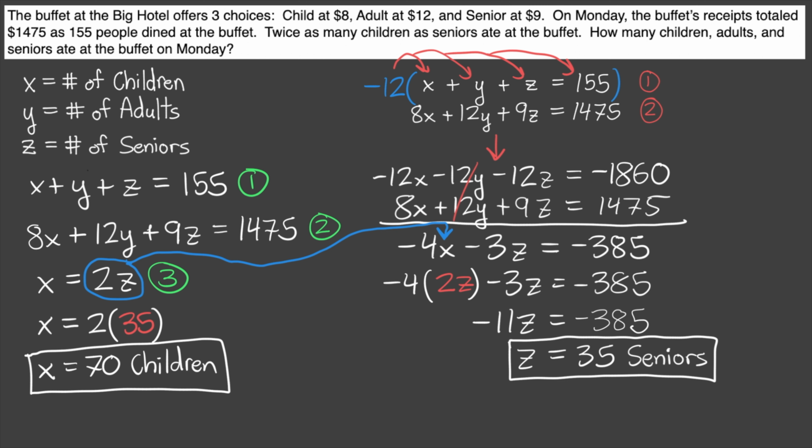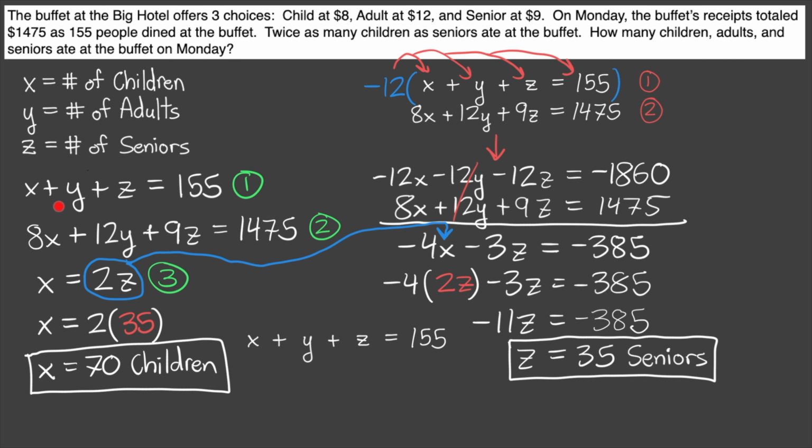All right, lastly, we just need to solve for y. So y is the number of adults, and we know x and z. So I'm going to bring down this equation here, kind of squeeze it in here. That's just equation number 1 here. And then we know our x is 70, so let's go ahead and plug in 70. I'll plug it in blue, plus y plus z, which is 35, equals 155.